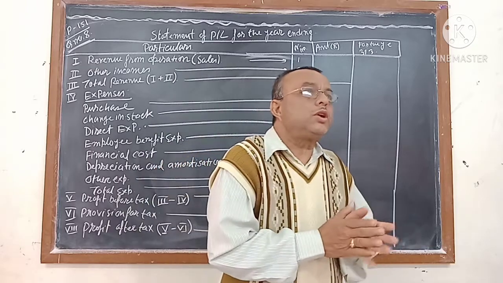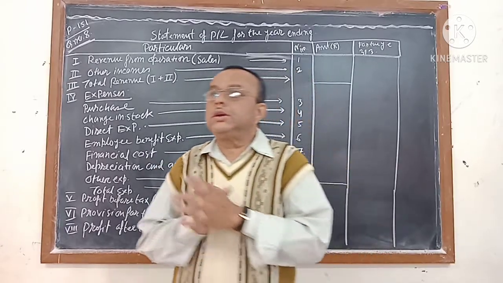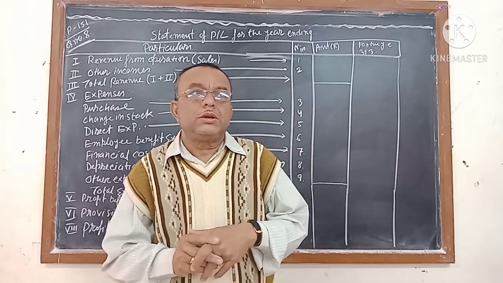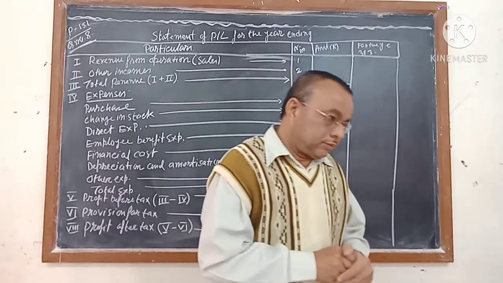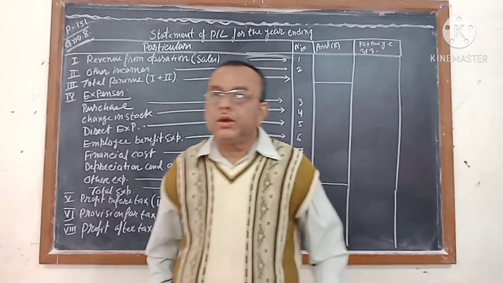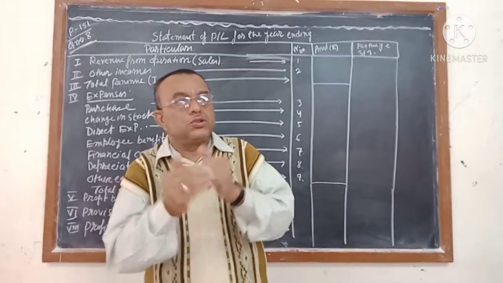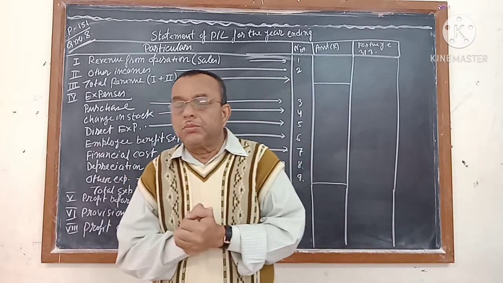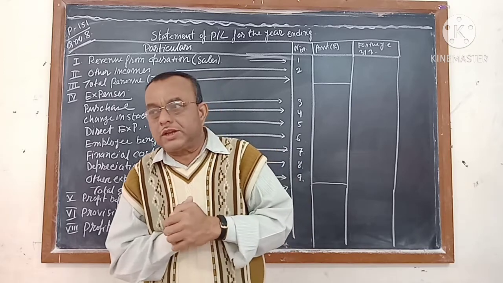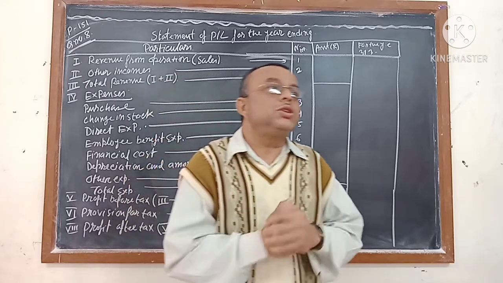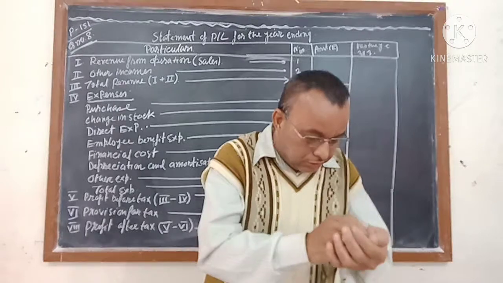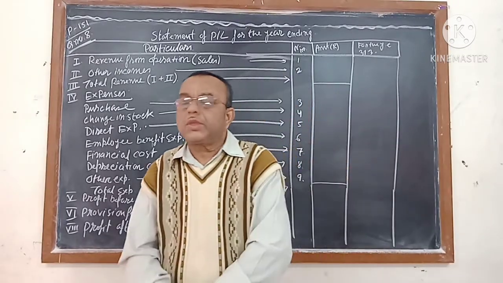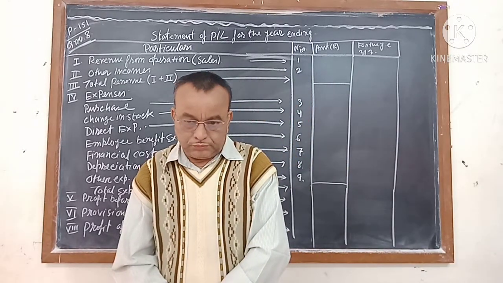The balance sheet you wrote in the 11th standard is not like that. It is a systematic way, which one will come first, which one next, on both the liability side as well as the asset side, according to Schedule 3 of the Companies Act 2013, that we have to follow.